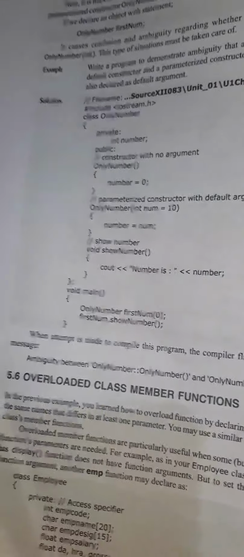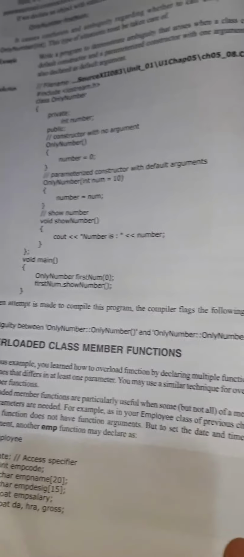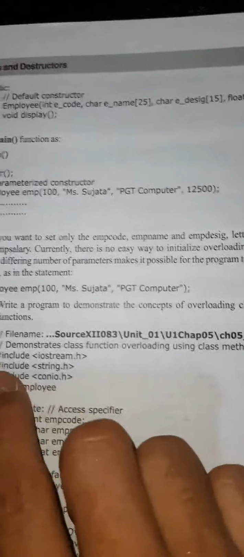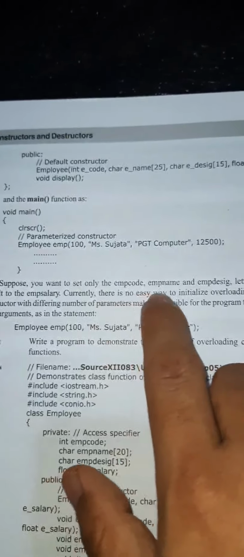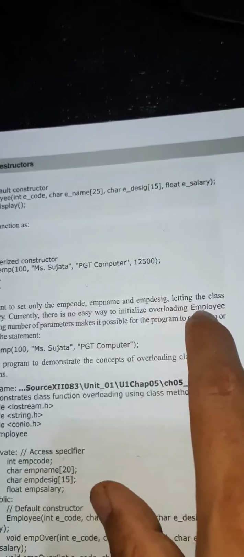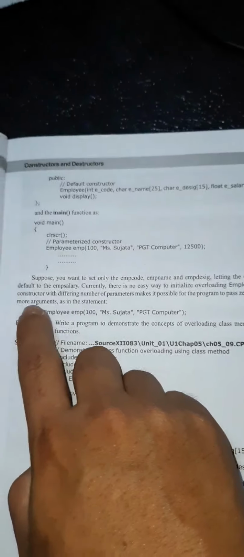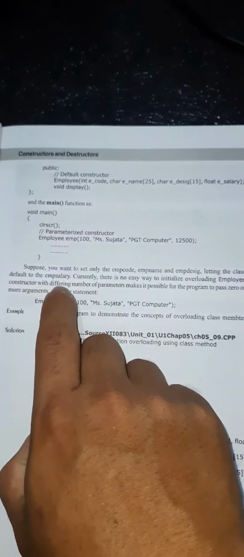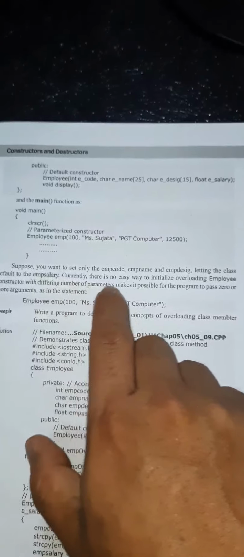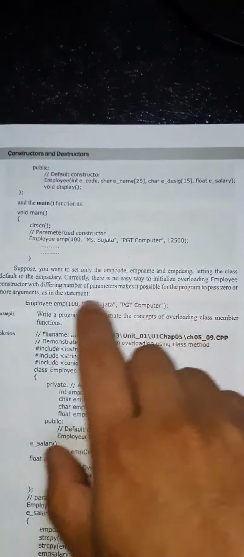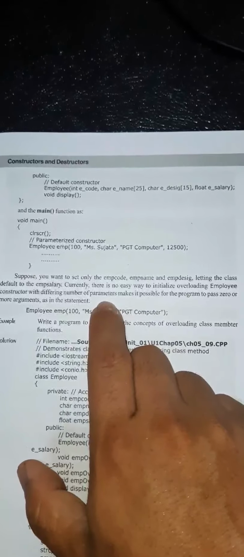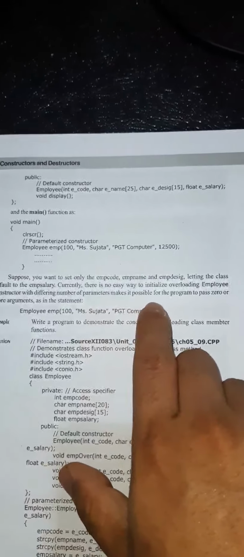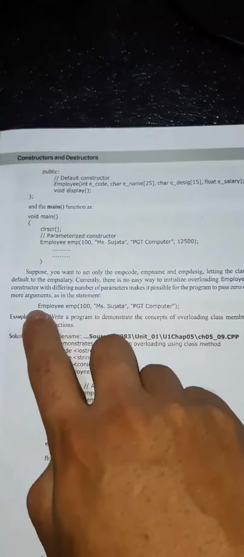In such a case, suppose you want to set only the employee code, employee name, and employee designation, letting the class default the employee salary. Currently there is no easy way of overloading the employee constructor with a different number of parameters, making it possible for the program to pass 0 or more arguments.